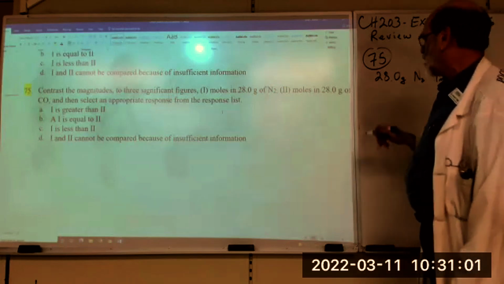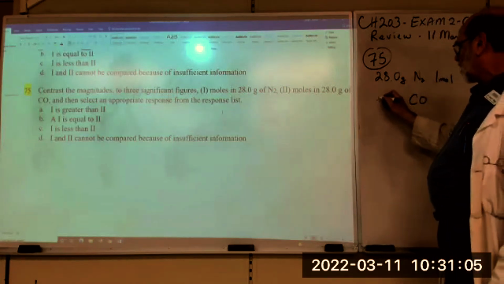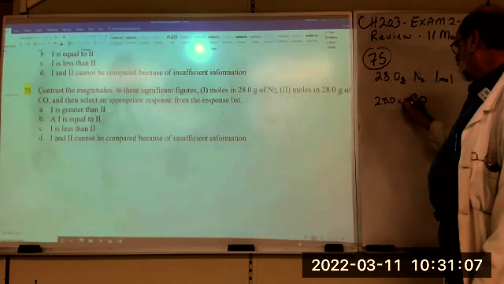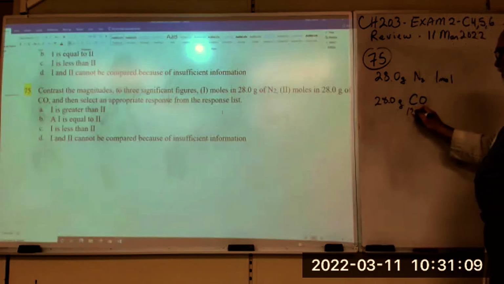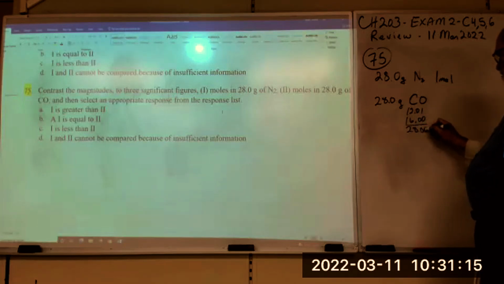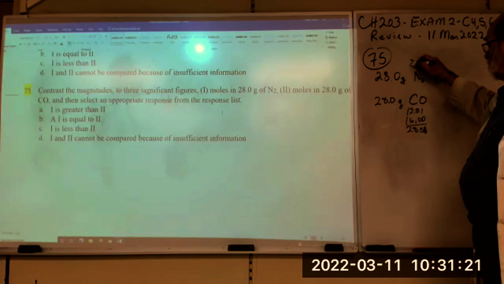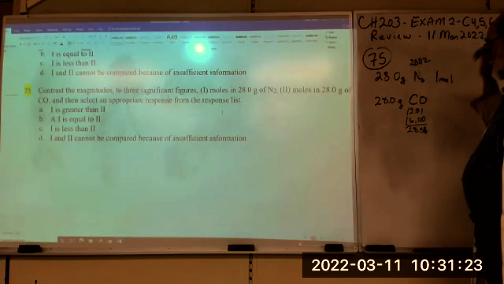How about carbon monoxide? 28 grams. So carbon is 12.01, oxygen 16. Close enough. Actually, this one would be 28.02.